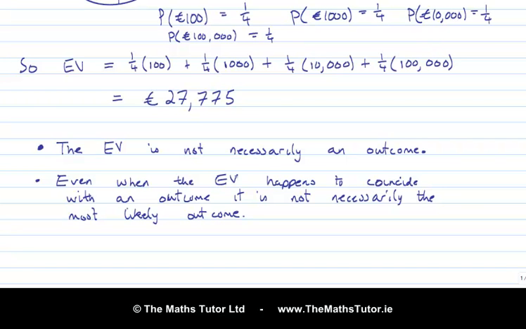When we use the word expected in normal non-mathematical use, what we tend to mean is that it's the most likely outcome. But in this technical sense here, expected value is not necessarily the most likely outcome at all. And it's important to realize this, that the expected value is just what you expect the average to be in the long run.